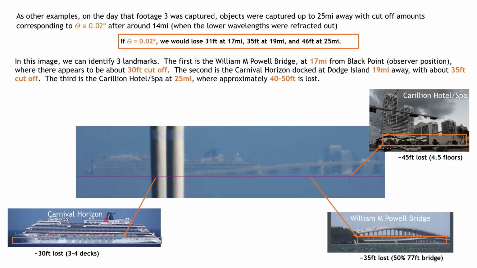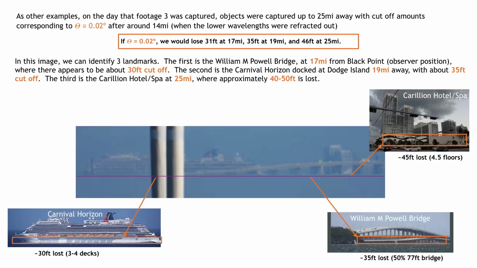And in these images, we can identify 3 landmarks within this same image. So the first is the William M. Powell Bridge at 17 miles from Black Point, which is the observer position, where there appears to be about 30 feet cut off. The second is the Carnival Horizon docked at Dodge Island, which is 19 miles away, with about 35 feet cut off, or about 3 to 4 decks.